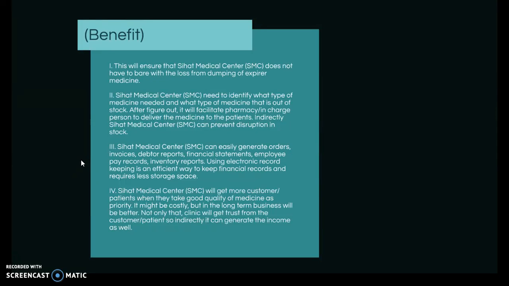Indirectly, Sihat Medical Center can prevent disruption in stock. Third, Sihat Medical Center can easily generate orders, invoices, debtor reports, financial statements, employee pay records, and inventory reports. Using electronic record keeping is an efficient way to keep financial records and requires less storage space.